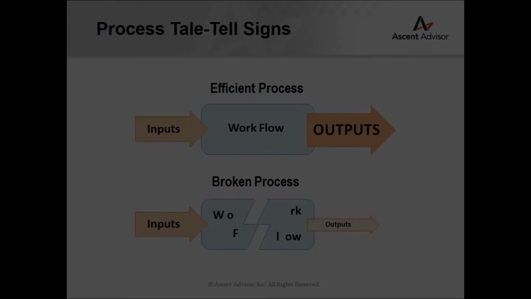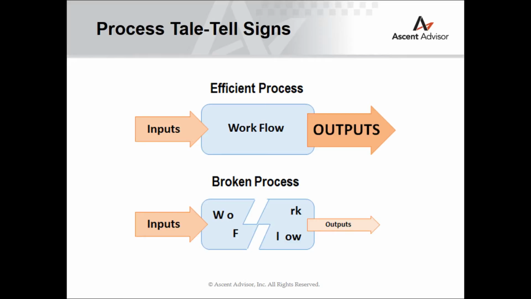If we assess that the work process is the issue, there are ways that we can tell and test whether the process is broken and needs improvement, and there are signs that tell us that the process is working and is not the problem. The process is a powerful lever for building capacity.